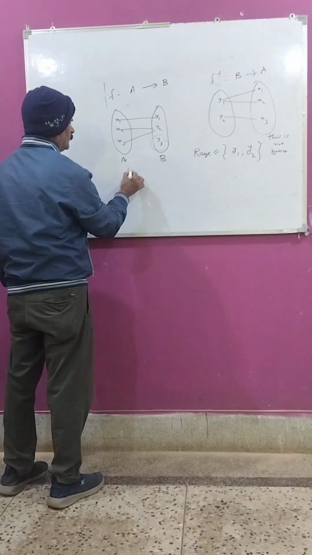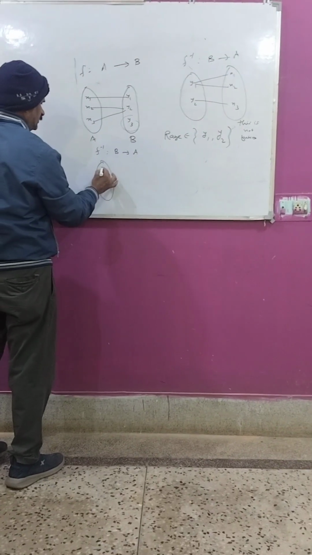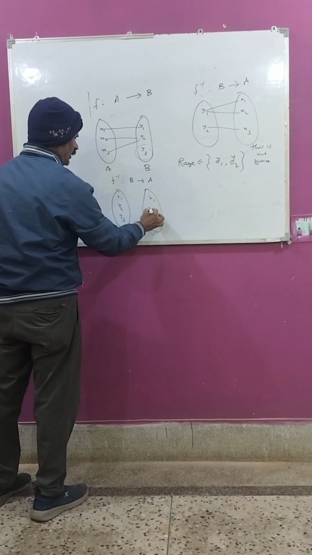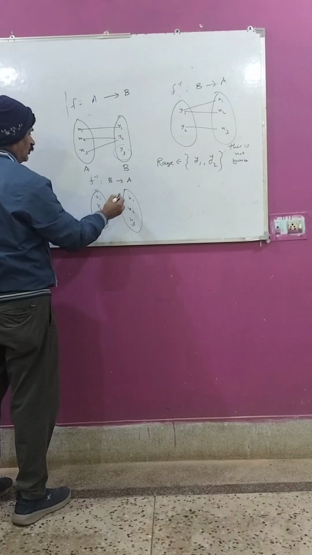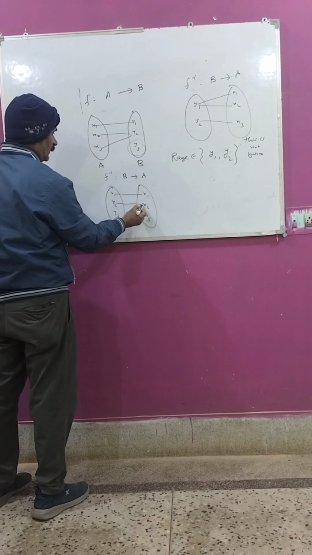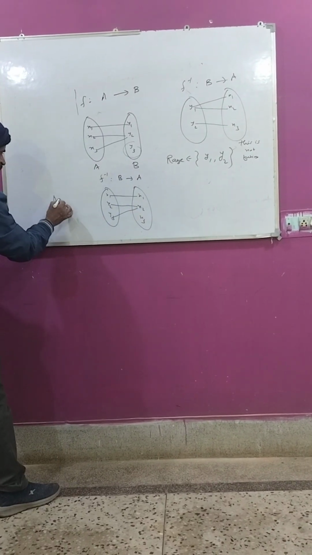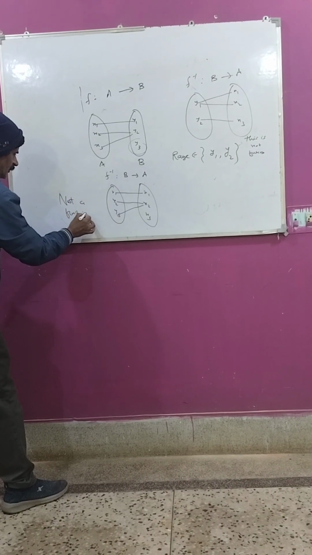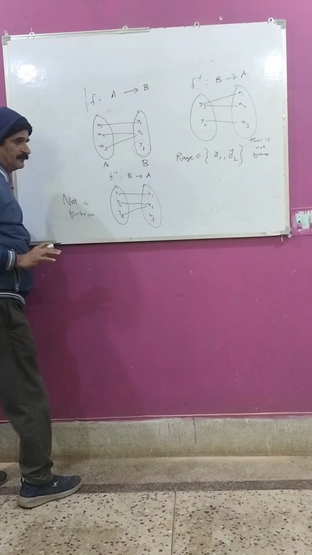So now when we are creating B to A, this is y1, y2, y3, and this is x1, x2, x3. So y1 is assigned with x1, x2 is y2 and x2 is also y3. So this is also not a function.